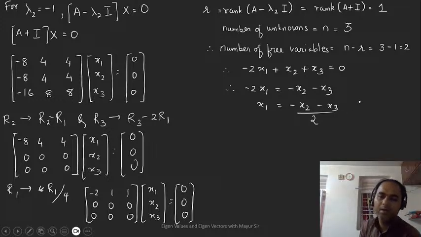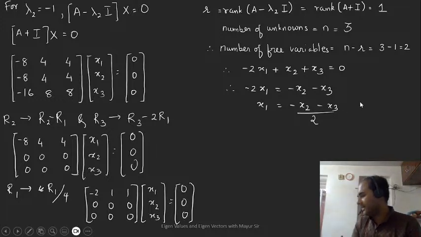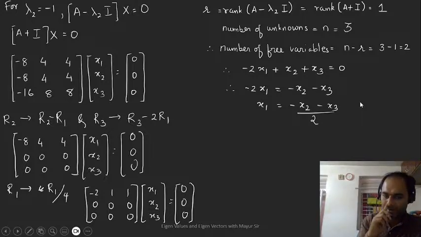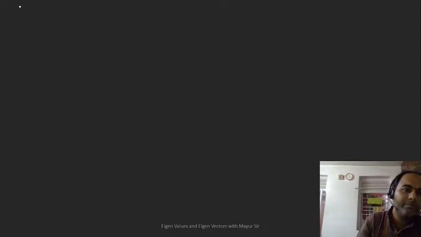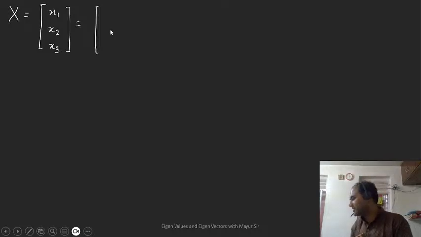Okay. Now I will write in the next part over here. See this, how to write this. You have your matrix X in the general formula as x1 x2 x3.